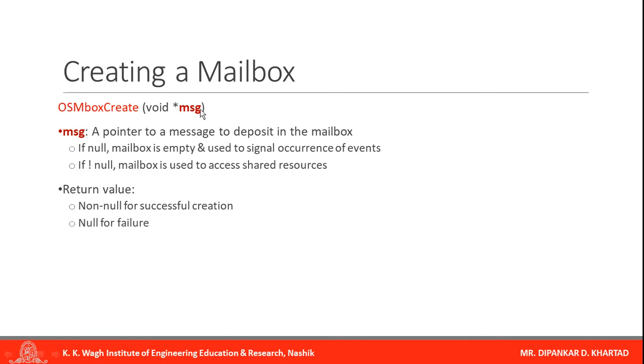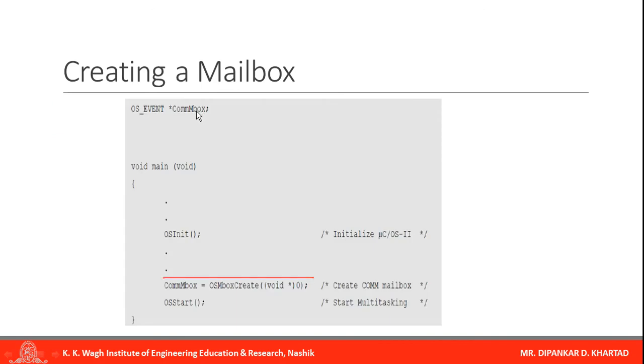So this is its syntax, very simple. Here we want to create an mbox and we are passing the null value. Now if mbox is not null, then the mailbox is created successfully, and if mbox is null, then the mbox is not created.